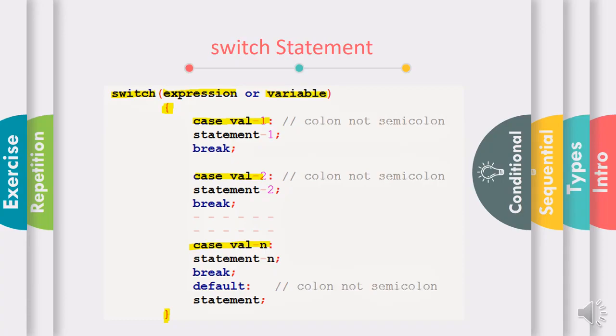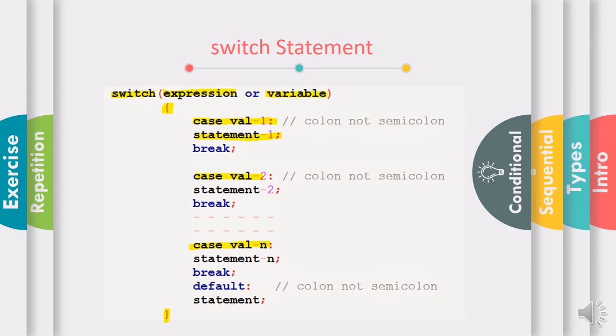We write down the reserved word case and then a value in front of case, and please notice that at the end of the case statement there is no semicolon but a colon sign. After this, we write down the statements that are to be executed.